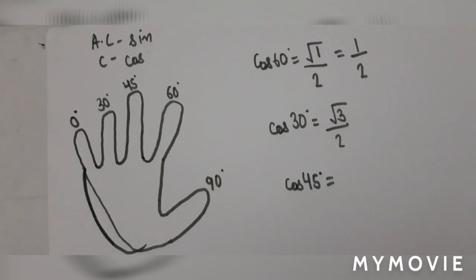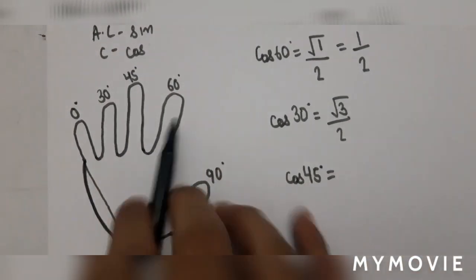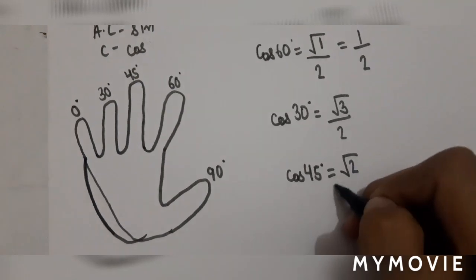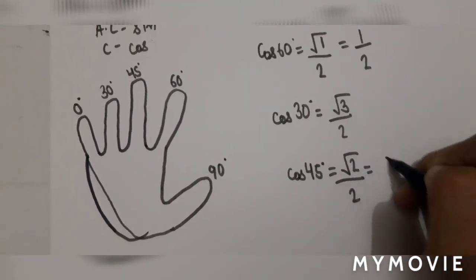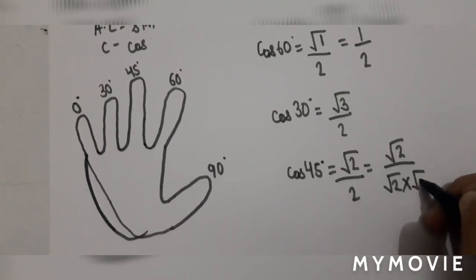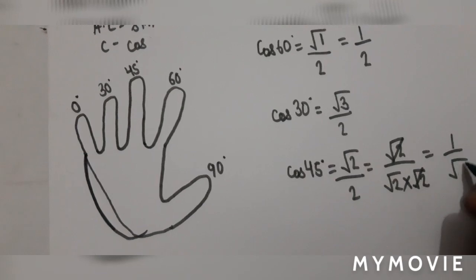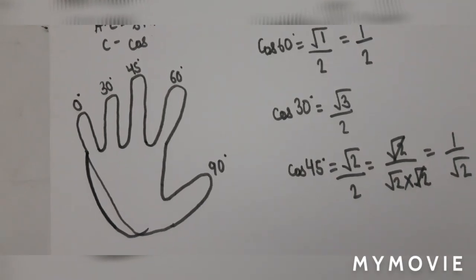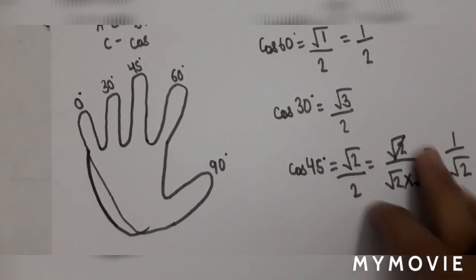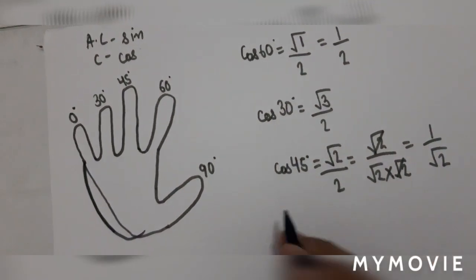For cos 45, how many fingers are remaining? 2. So we should find root 2 and divide it by 2. So 2 we can write as root 2 into root 2, so root 2 gets cancelled. So 1 by root 2. For cos 45 only we should follow such a big process. Others are very easy.